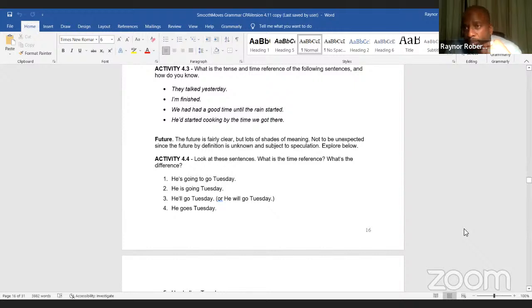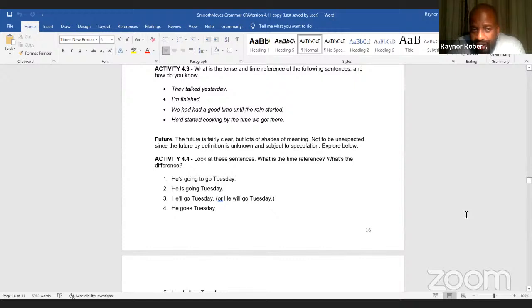And it could be an intention based on an order, like if the judge told him he has to come, right? It might not be of his free will, but it's his intention to go on Tuesday. Again, you have this present verb: he is going to go.